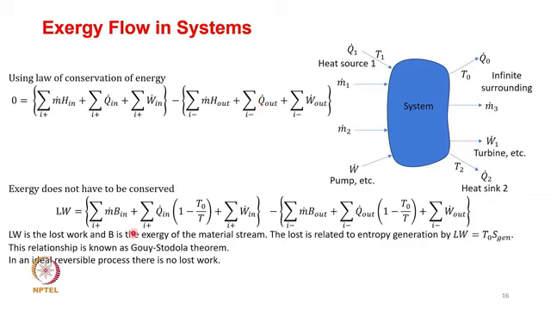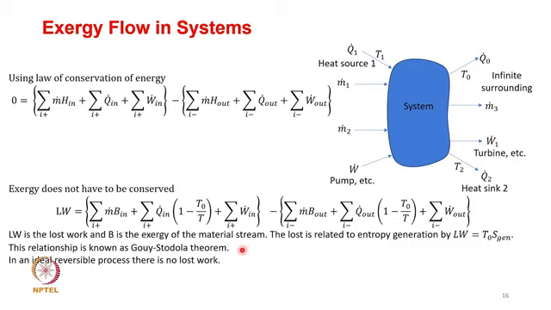So, if you want to compute the exergy here, okay, m times B in, Q in times 1 minus T naught by T, and if there is work done, W in, and you get m B out and Q out into 1 minus T naught by T, and W out. So, we now include everything, including the work that is done. And what is LW? It is the work lost, and B is the exergy of the material stream.